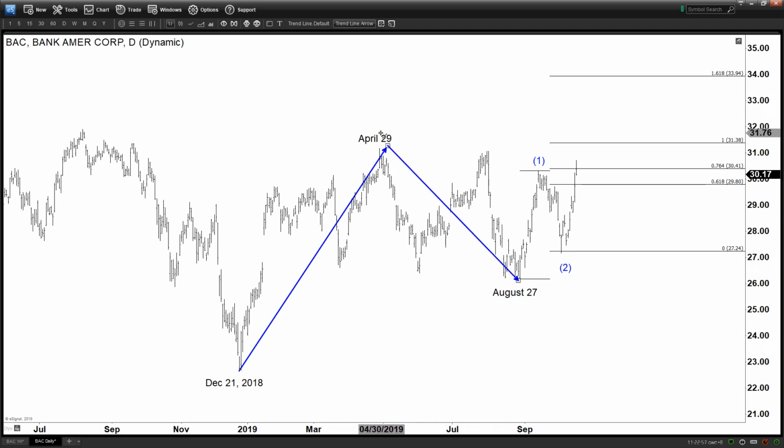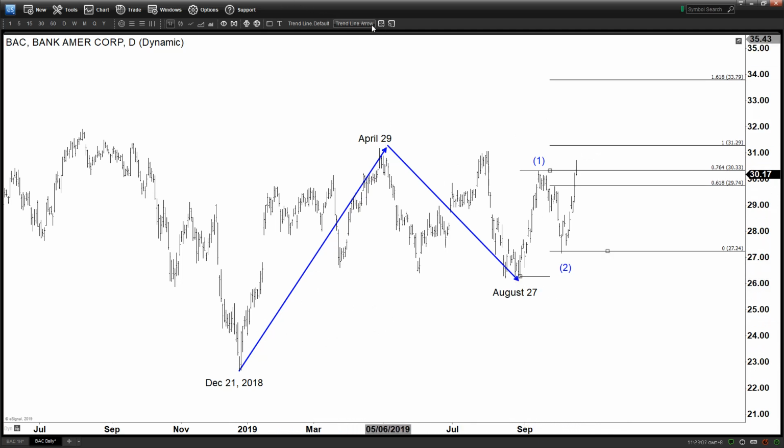So let's say this is W, this is an X, right? That means it can potentially go to 100% of this, at least, right? 100% of this. So if it breaks above April 29, it will open up an even bigger sequence to the upside, right?